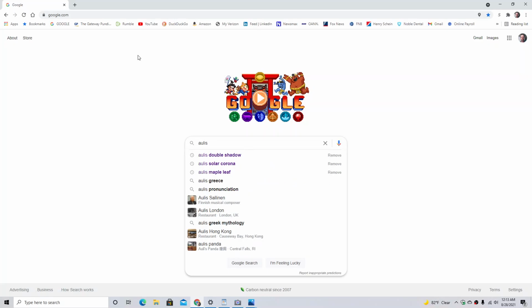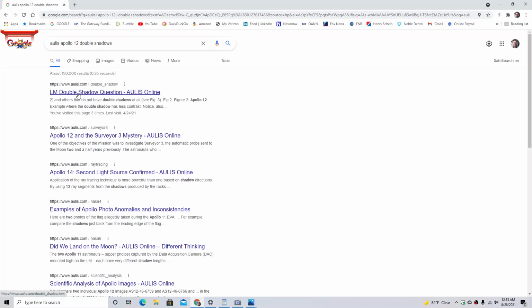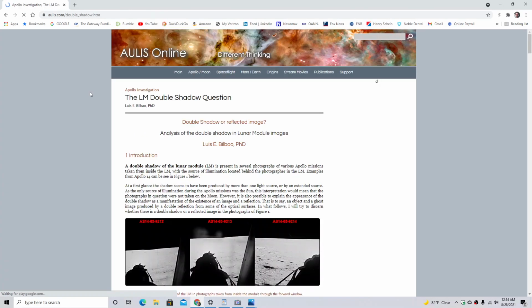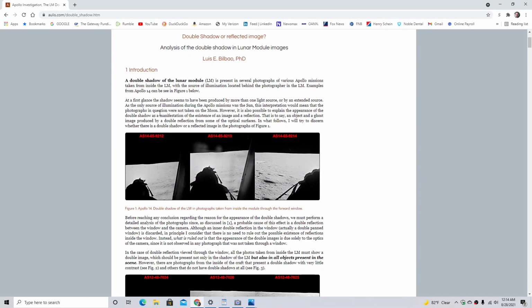Apollo 12, double shadows. Lunar module, double shadow question, Aulis online. Okay, here they're talking about that exact thing.